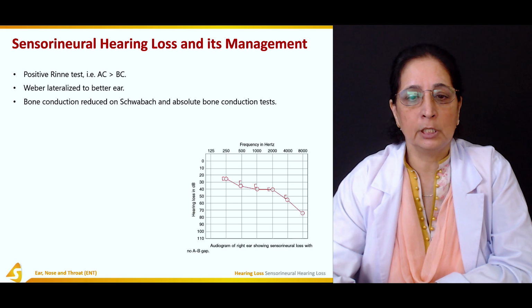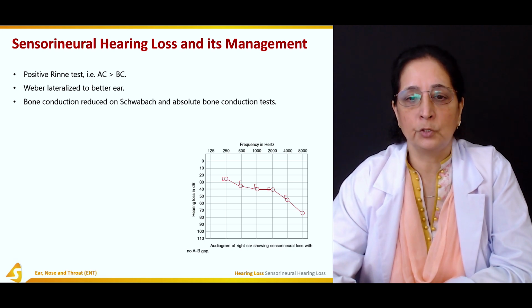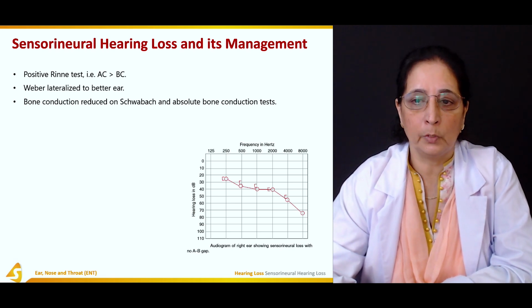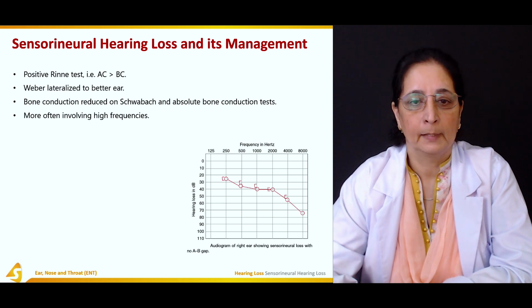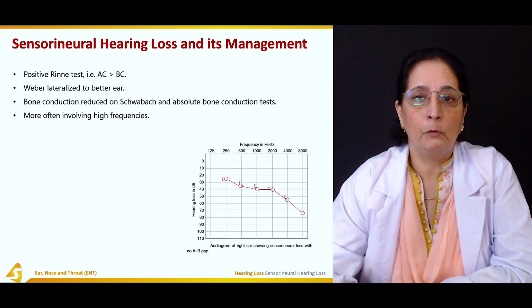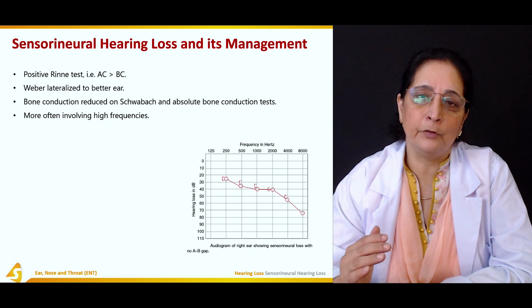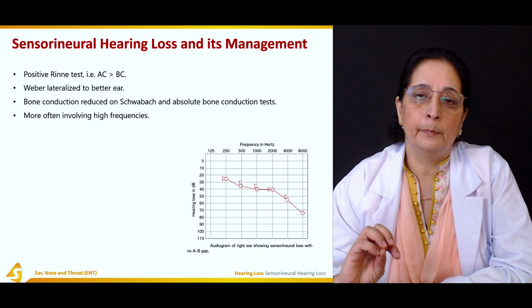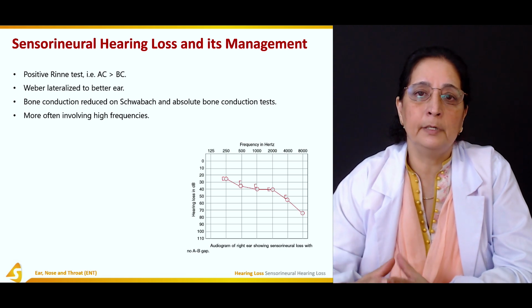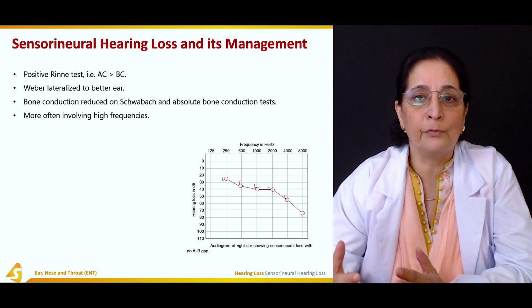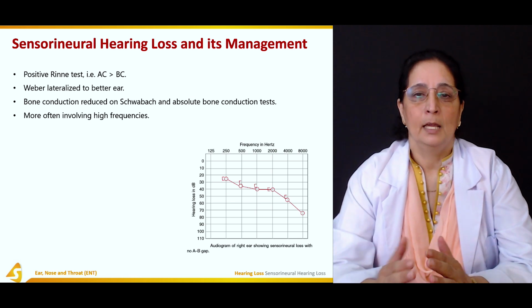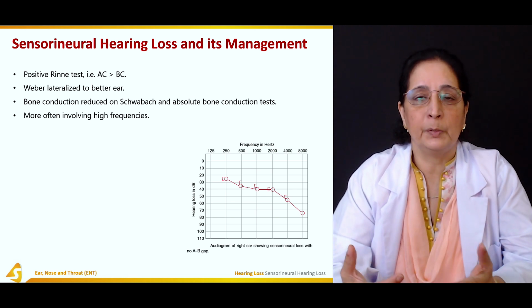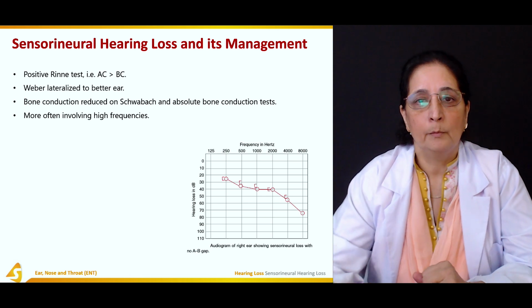Bone conduction is reduced on Schwabach and absolute bone conduction tests, and it more often involves high frequencies. If you remember, we said that in conductive hearing loss more low frequencies are affected. In this, it's the opposite: high frequencies are affected more often.